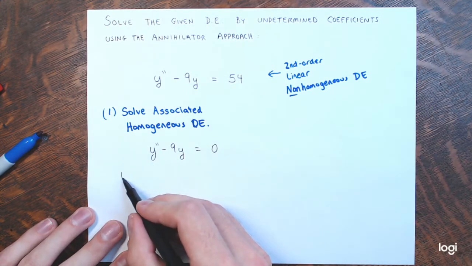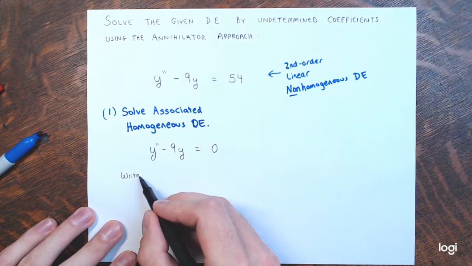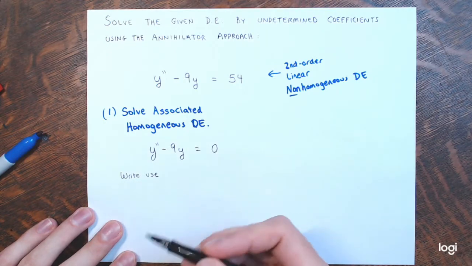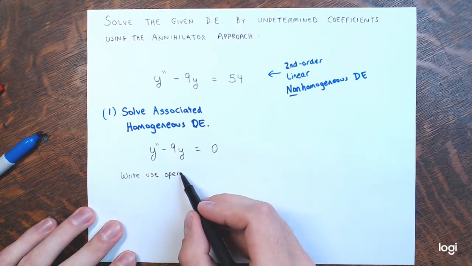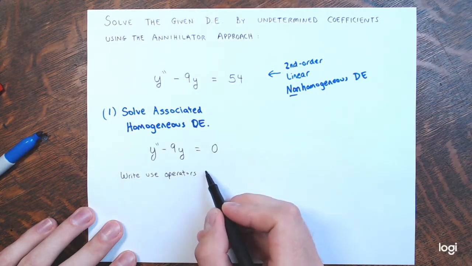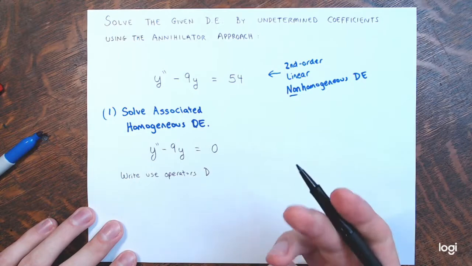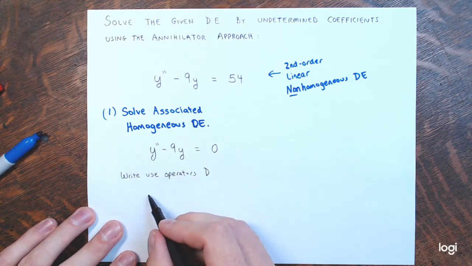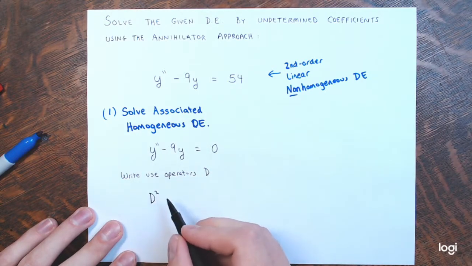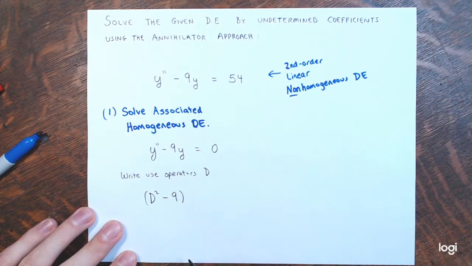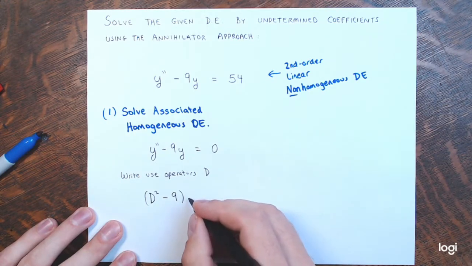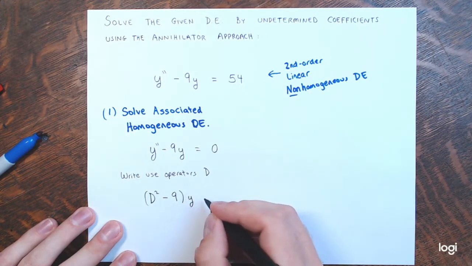But if I write using operators instead, I'm going to think about annihilators. Writing using operators, with D representing derivatives, this would be the second derivative, D squared, minus 9. That'd be this operator applied to some function y.